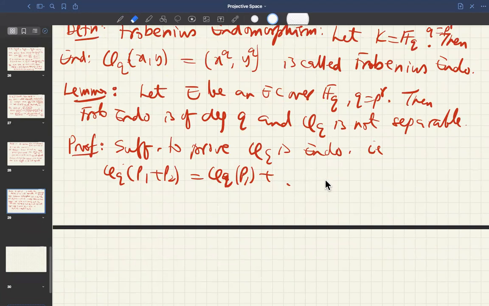The rest is clear: once it's an endomorphism, the degree has to be q, and if you write it as p1 by q1, the differentials of both are identically 0, so it is not separable.